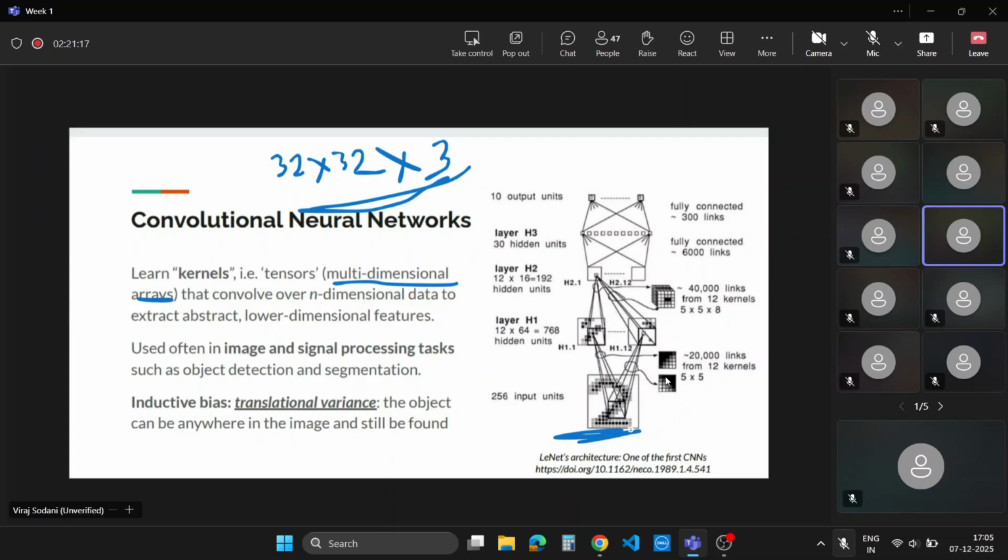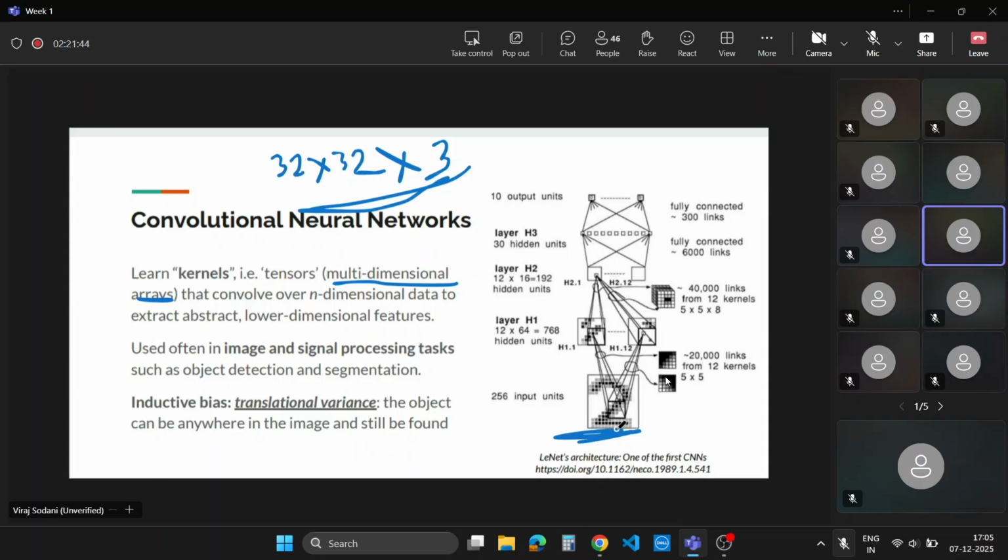But when it comes to colors, there are too many operations to go with. So if you want to extract a particular feature, say I want to look for the number 2 in a particular image, I'll be moving a filter, I would say, encoded with all the features that an ideal number 2 must have.